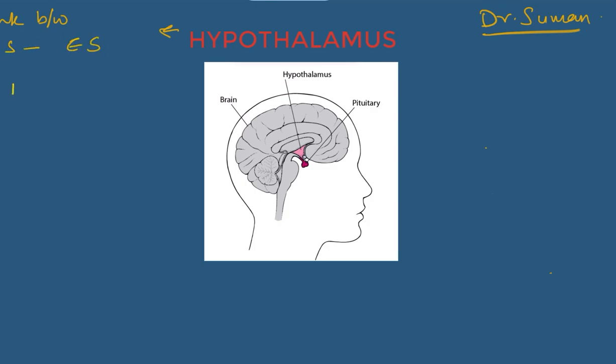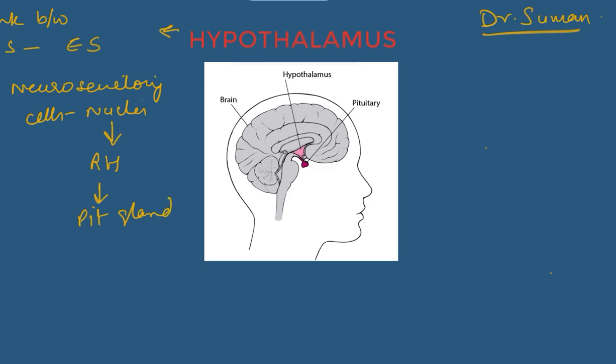Now, it has many neurosecretory cells which are called the nuclei. These nuclei secrete releasing hormones which will reach the pituitary gland, and the pituitary will secrete specific hormones and they affect the functioning of the target organ.